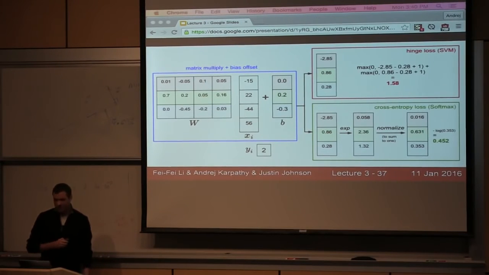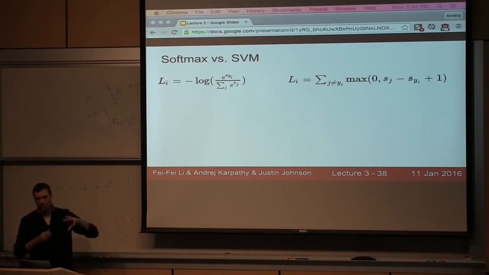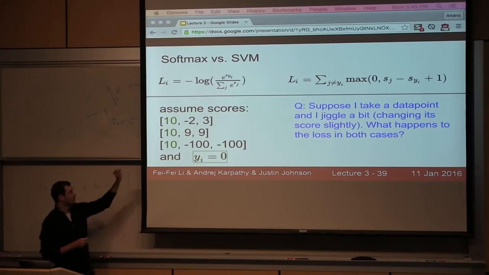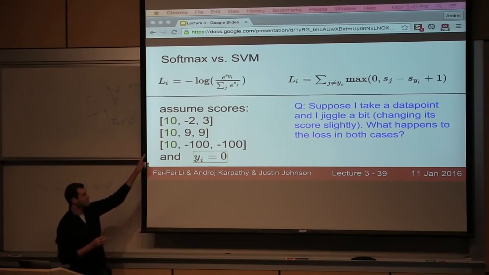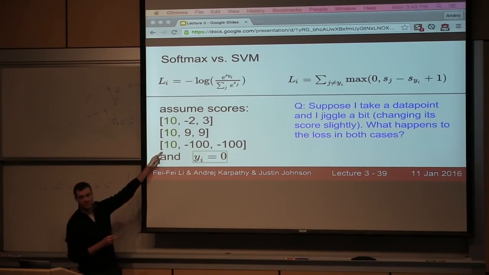Okay, cool. Let's look at some interpretations of these two and exactly how they differ. So softmax versus SVM, and I'll try to give you an idea about one property that is quite different between the two. They have these two different functional forms. Now assume that we have three examples and three classes, and these are the scores of these examples. For every one of these examples, the first class here is the correct class.